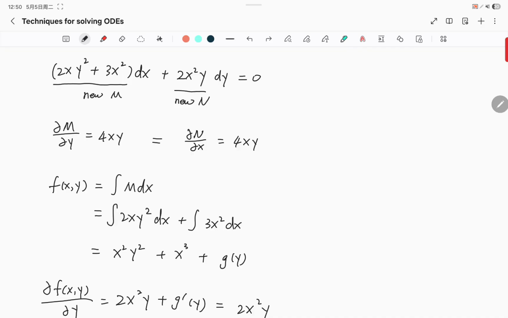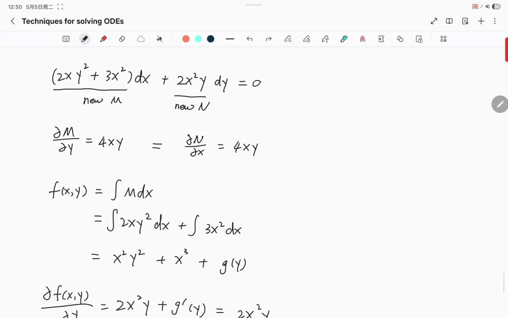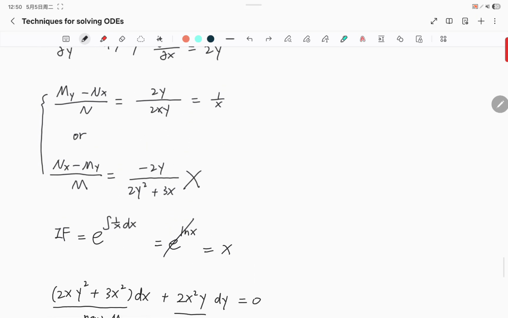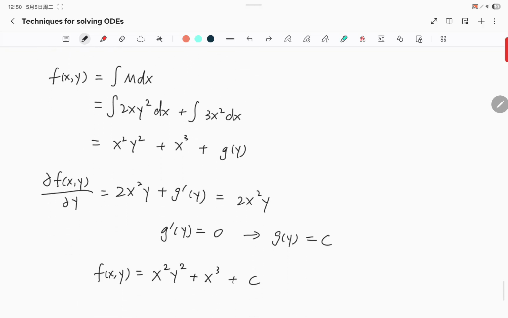So most likely, like 99% chance, the second time you do this del M del y and del N del x, they should be the same, unless you made a mistake before. So if they appear not the same again, then probably redo the whole step before.